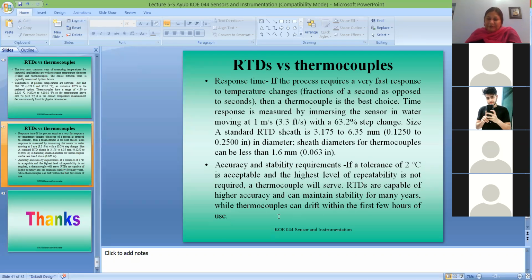And RTDs are capable of higher accuracy and can maintain stability for many years. So thermocouples can drift within the first few hours of use. Drift means even if you're not changing the input, the output is automatically changing. We have seen some static characteristics. So if you can tolerate this type of tolerance of 2 degrees Celsius, then you can use thermocouple. Otherwise, you should go for RTDs.